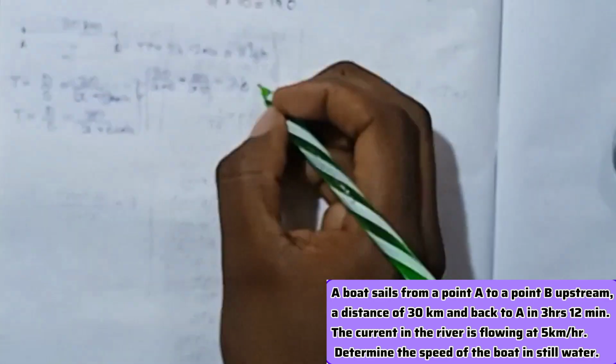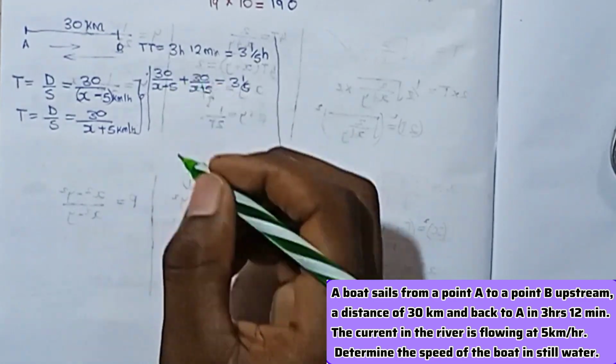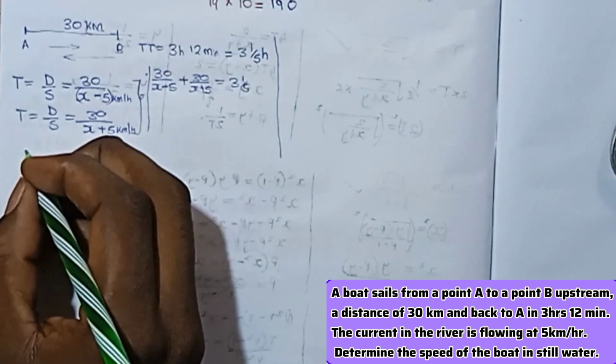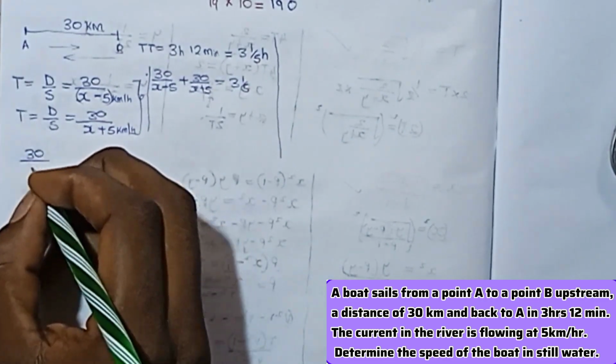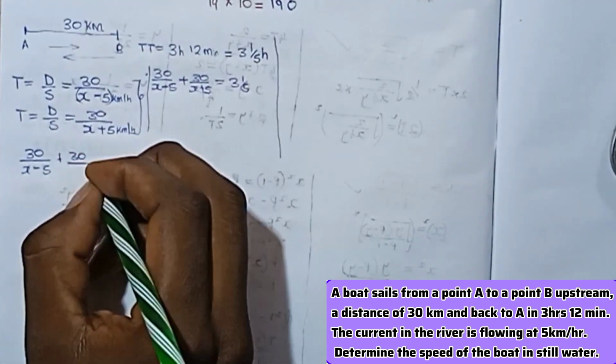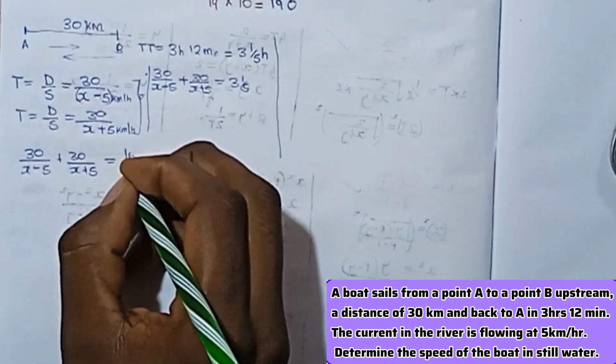So we have this equation: 30 over x minus 5 plus 30 over x plus 5 is equal to 16 over 5.